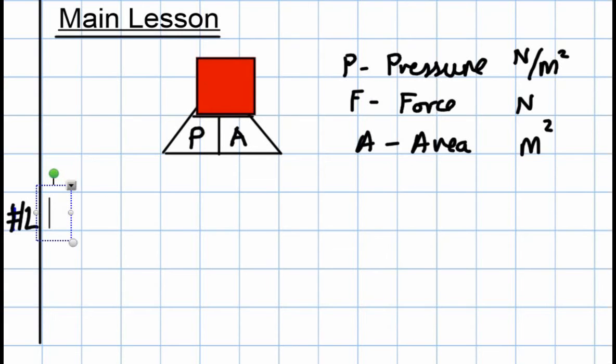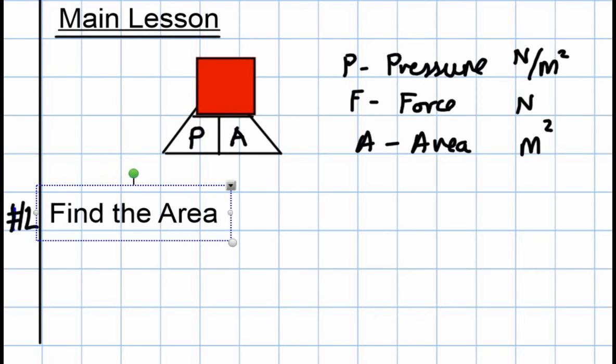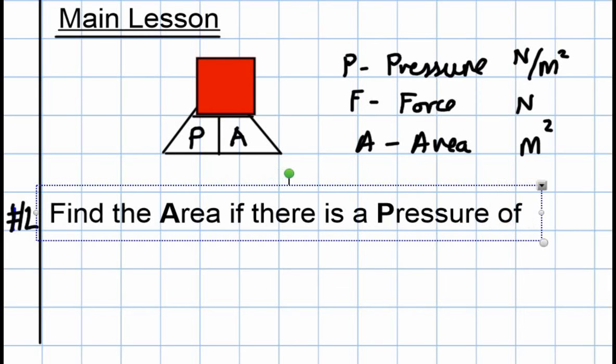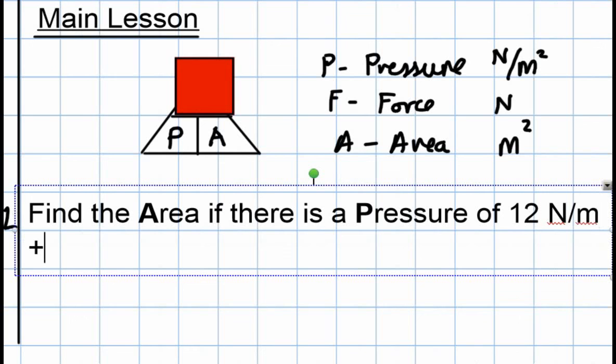Example 2 is we're going to find the area. Let's emphasize the fact that it's the letter A. I'm just going to put that in bold. The area if there is a pressure of 12 newtons per meter squared.